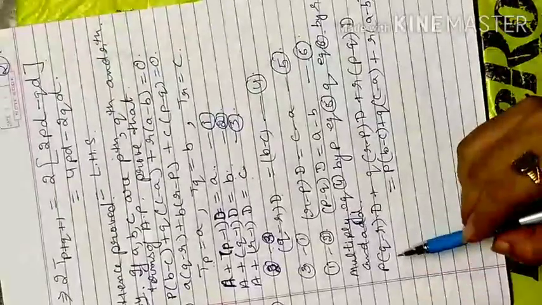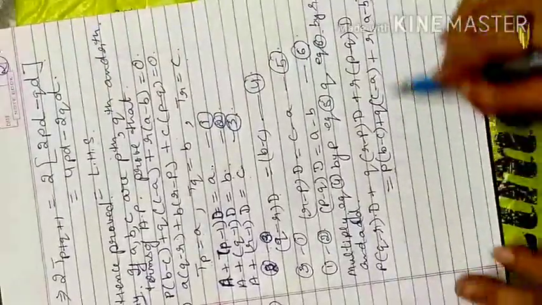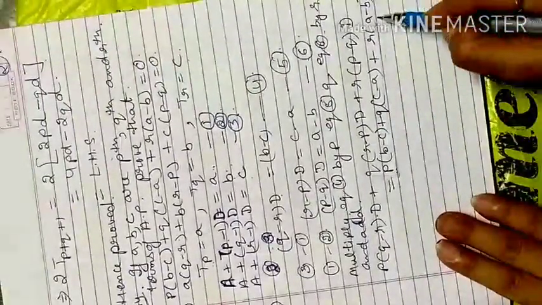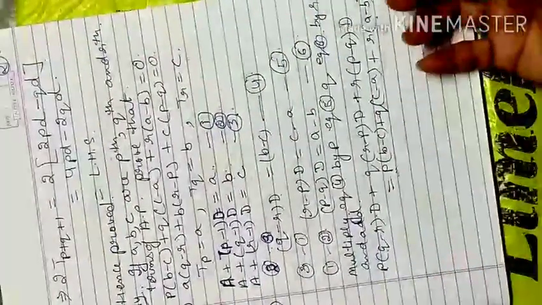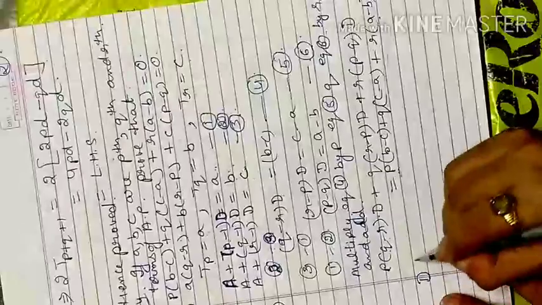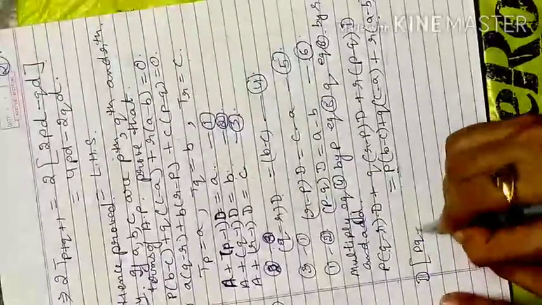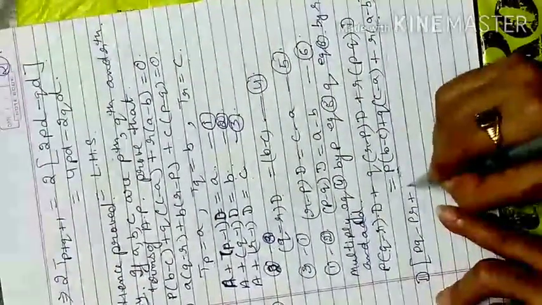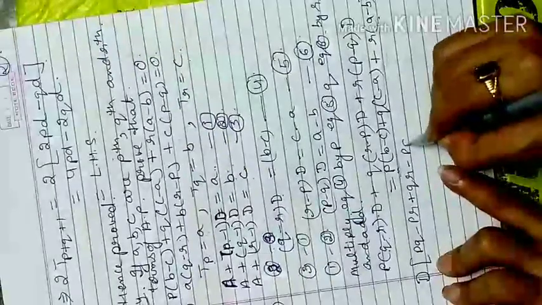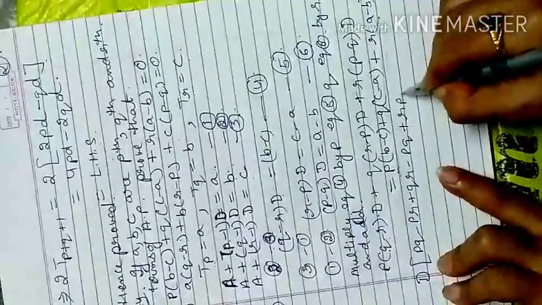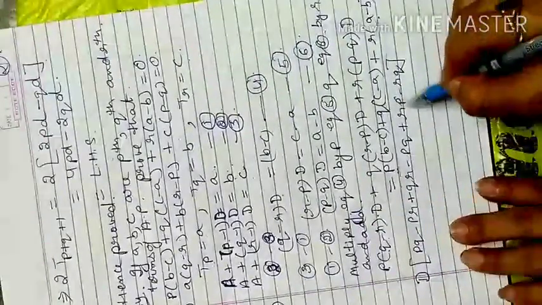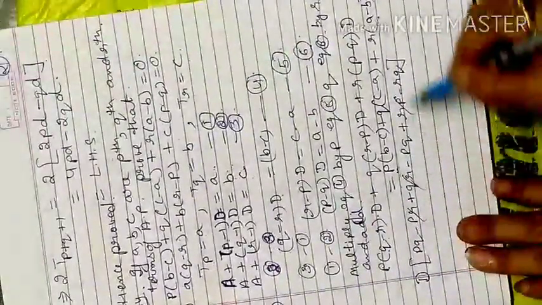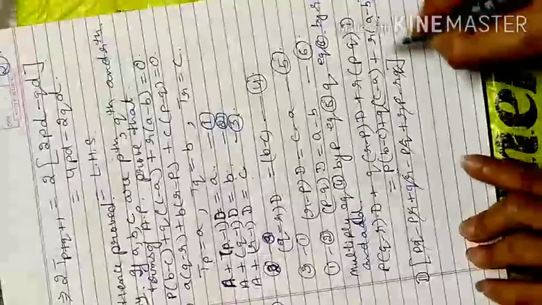Now when you add, d is common here, and when you open it, pq minus pr plus qr minus pq plus rp minus rq. This cancels with this, qr cancels with this, and this cancels with this.